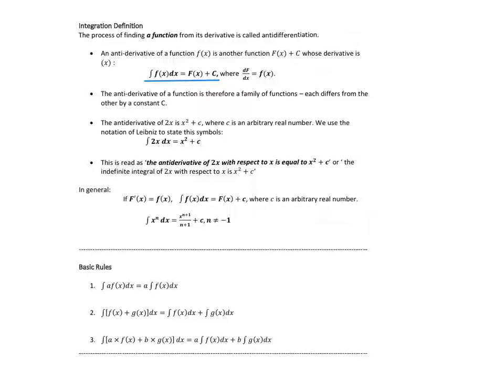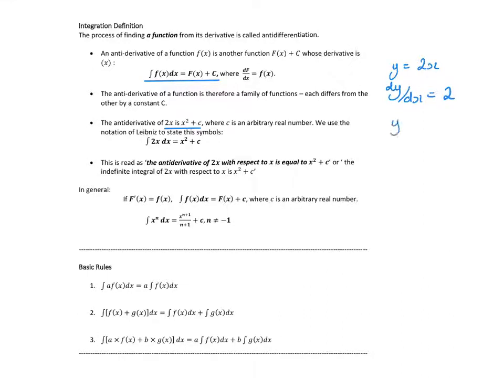So if we're looking at this one down here, the antiderivative of 2x is x squared plus c. Now, why is that the case? Well, if you think about it, if I had y equal to 2x and I was differentiating that, then dy/dx would be equal to 2.